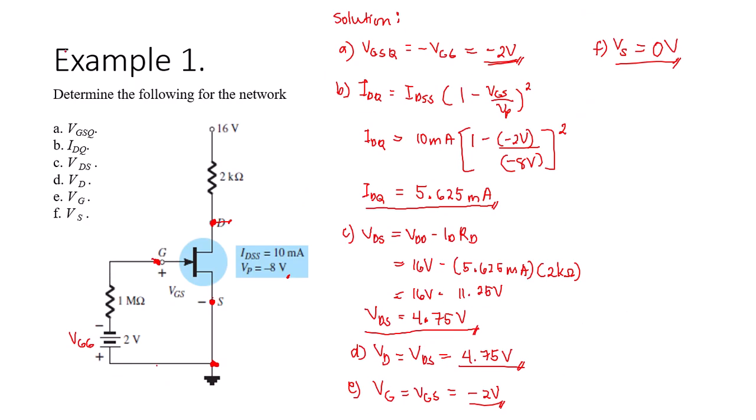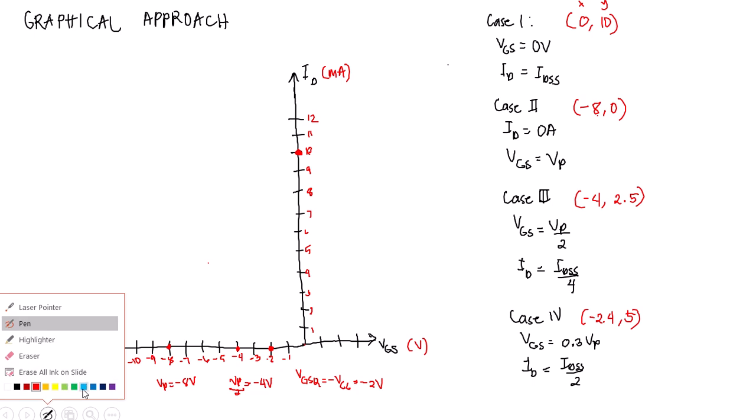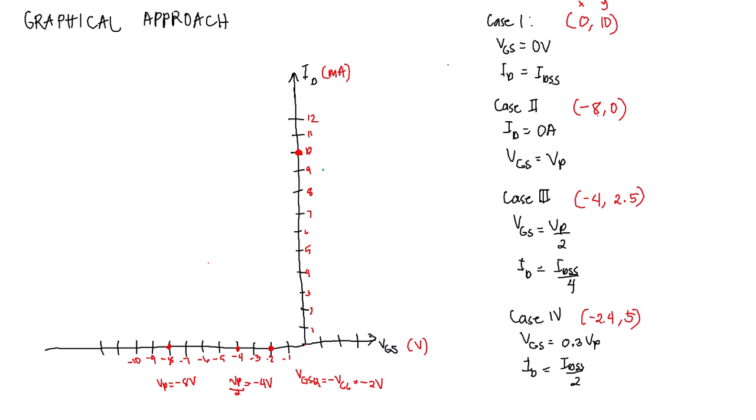With the same example, IDSS is equal to 10 milliamperes and VP is equal to negative 8 volts. So this is the point for case 1. Maybe I will just use a different color. Let's take this green. So this is our point for case 1, we have 0 and 10.